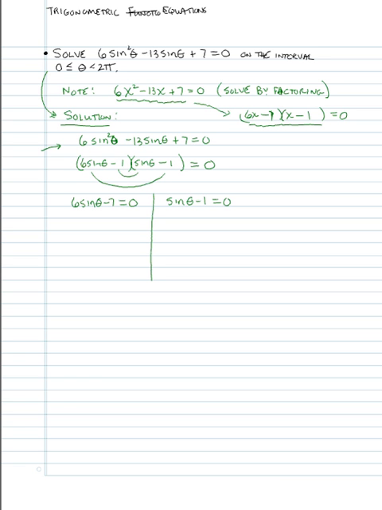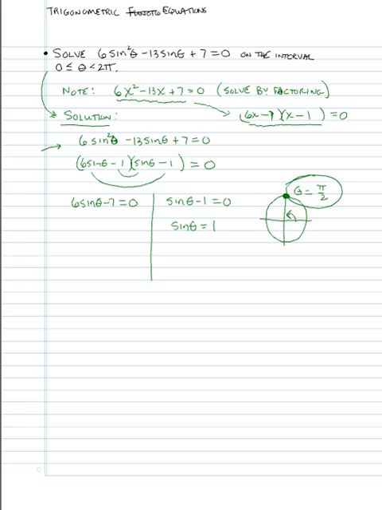We'll isolate sine of theta by adding 1 to each side. So we have sine of theta is equal to 1. When we look at the unit circle, the sine of theta is equal to 1 only in this position, the angle pi over 2. That's the only place the sine of theta is equal to 1 between 0 and 2 pi. So one solution is pi over 2.